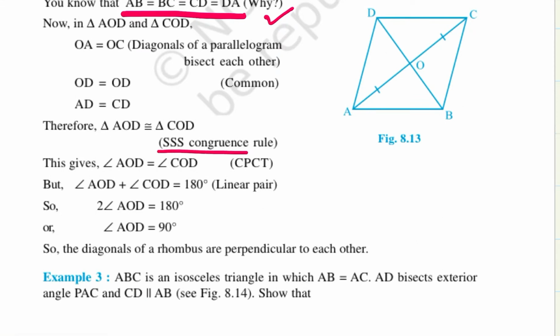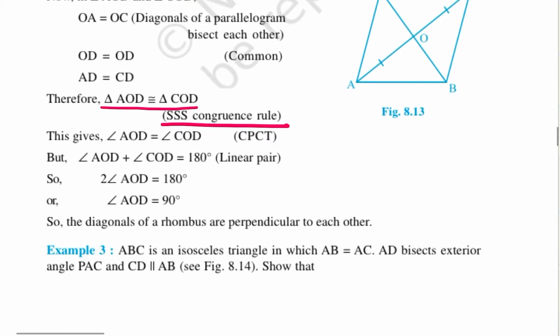Therefore, by SSS congruency, triangle AOD is congruent to triangle COD. Now, if these triangles are congruent, obviously the rest of their components also will be congruent. Therefore, angle AOD is equal to angle COD.